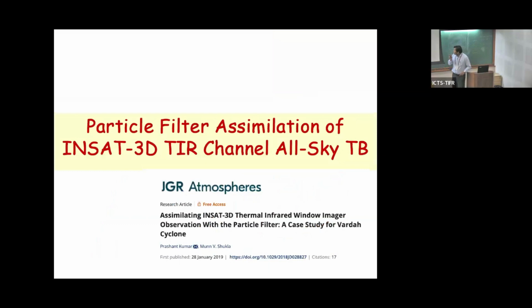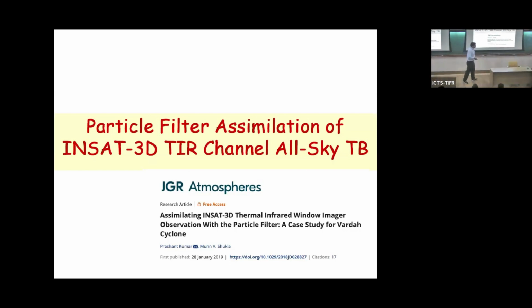Based on that, we also tried some work for assimilating our Indian satellite INSAT 3D. Within that we have one TIR1 channel. Initially I told that this TIR1 channel is not used for assimilation in general.